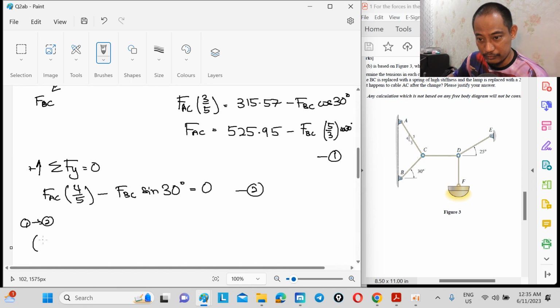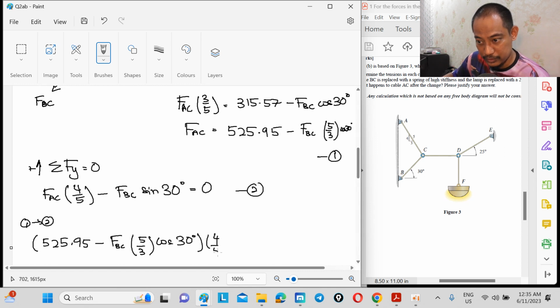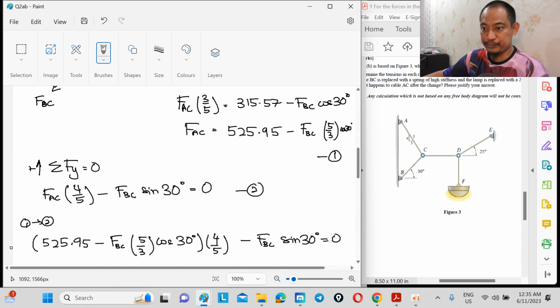So we have 525.95 minus FBC 5/3 cos 30 degrees, all of this times 4/5 minus FBC sine 30 degrees equal to 0.